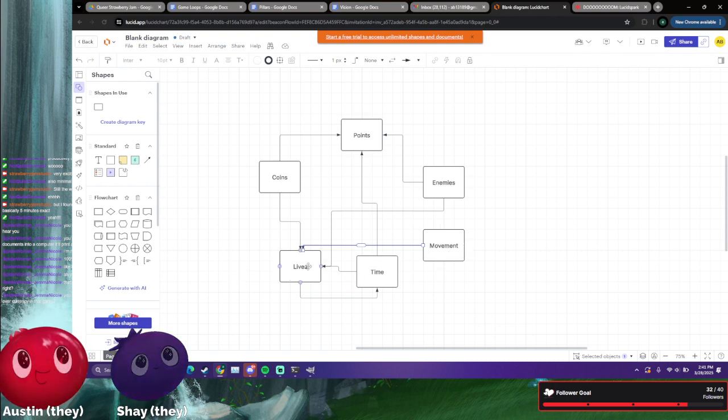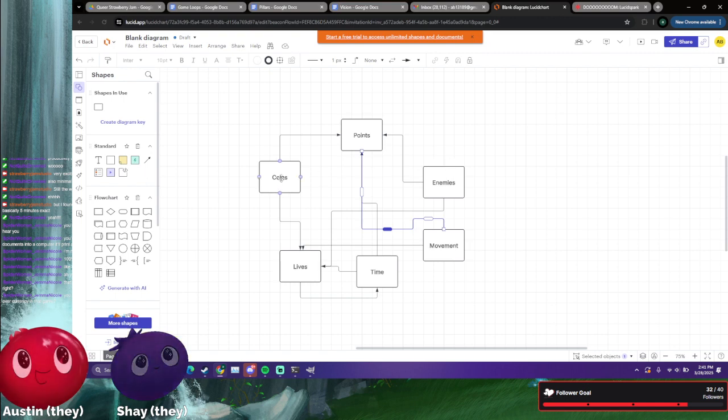It also attaches to enemies and coins, because you move to collect the coins, you move to kill the enemies, and all of that circles around to points. Well, movement also goes directly into points for finishing the level. But the way that they had done the diagram, it doesn't actually connect into enemies or coins.